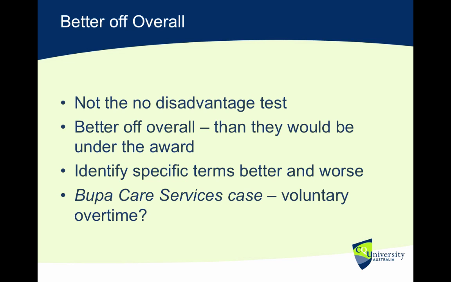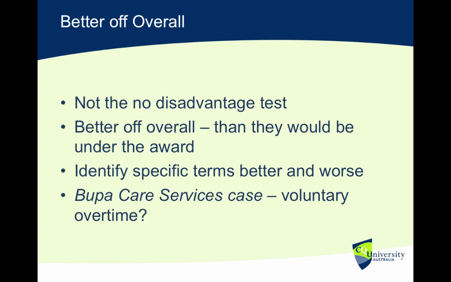An agreement must demonstrate that the employee will be better off overall. And you'll see in the textbook, the reference to how this test was developed. It started really on the basis that under the no disadvantage test, it was possible to swap one thing for another.